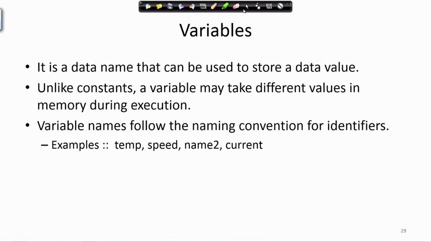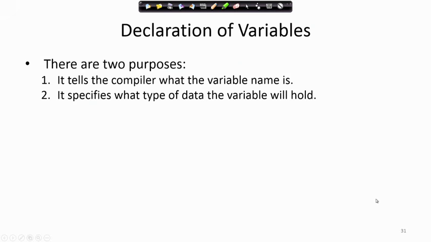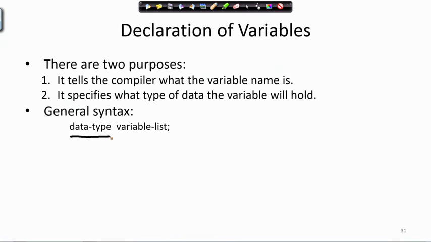Now, we already know what variables are, so we do not need to repeat that. We know that variables are to be declared, and the general syntax is a particular data type followed by a variable list.